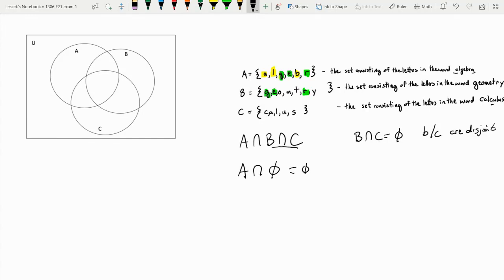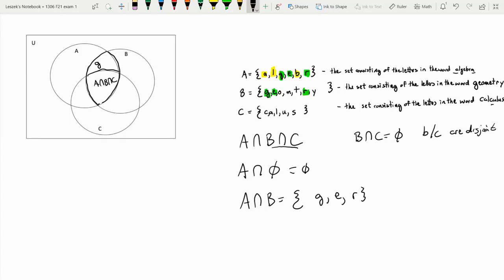And then we probably want to go on to the pairwise intersections. So A intersection B. So that would be over here, except we already said the triple intersection here is empty, right? So there's nothing there.